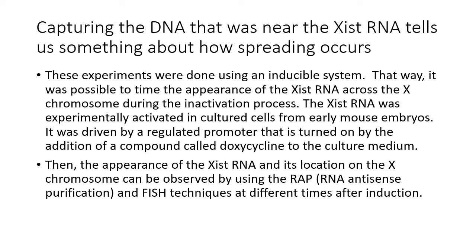So the Xist RNA expression was experimentally activated in cultured cells, and then we were looking at, first of all, FISH to see where the RNA is, when we get the appearance of an RNA cloud, but more importantly, using the RAP technique to identify locations where the RNA is interacting with the DNA.